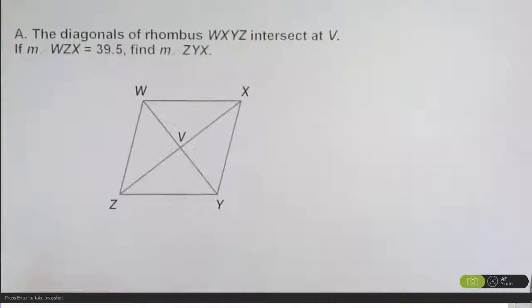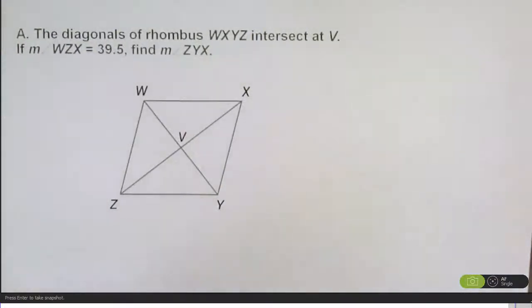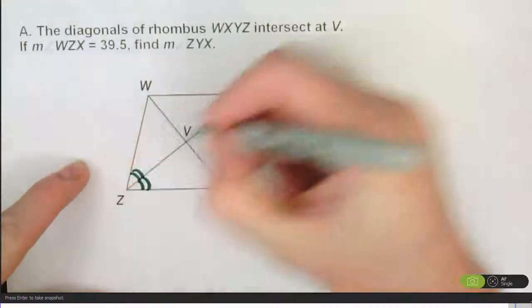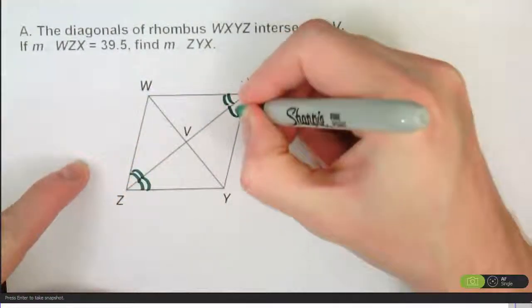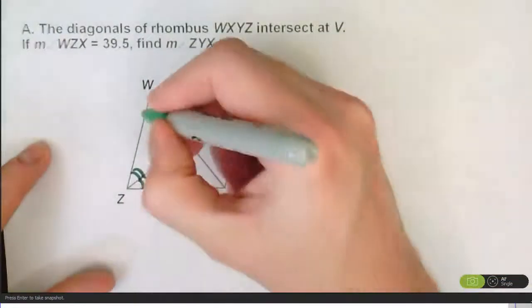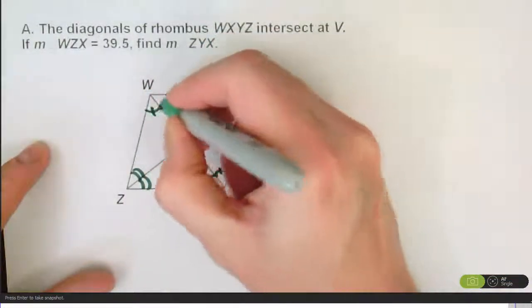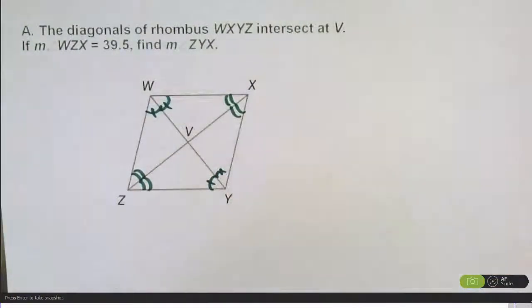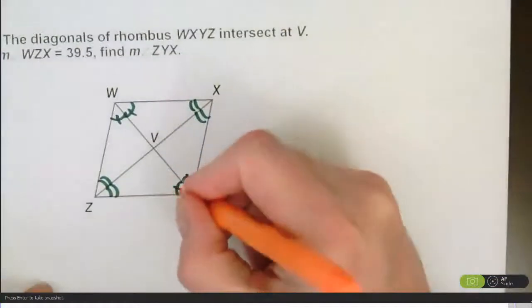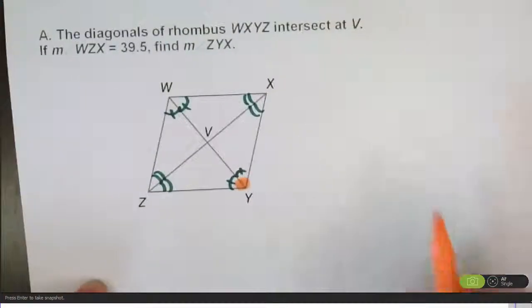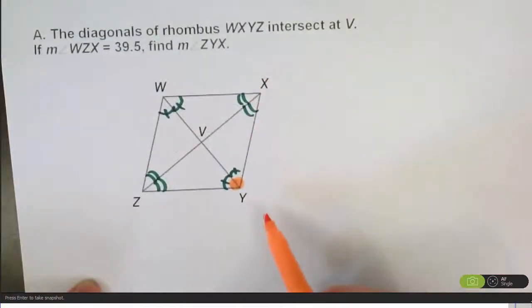First of all, diagonals bisect the opposite angles, so the bisected angle pairs must be congruent. And what we're trying to figure out is, what's this overall big angle here?